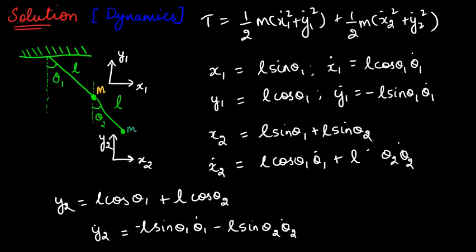I have made a mistake over here, which is that x2 dot should have L cos theta 2 dot.